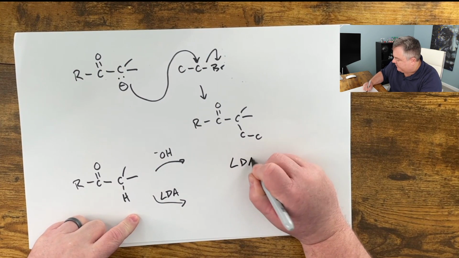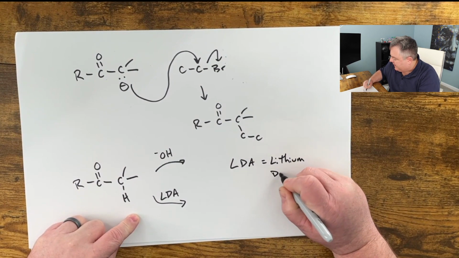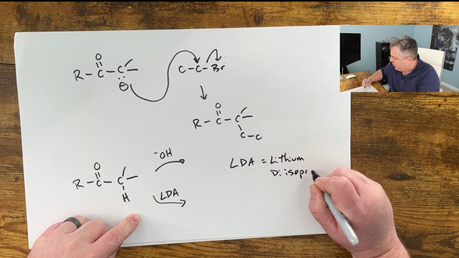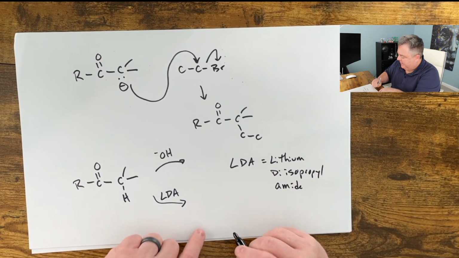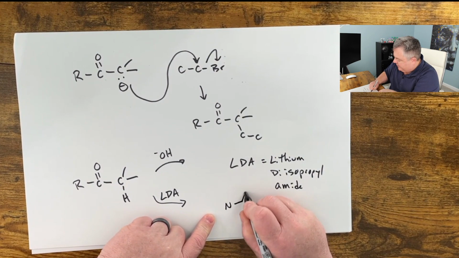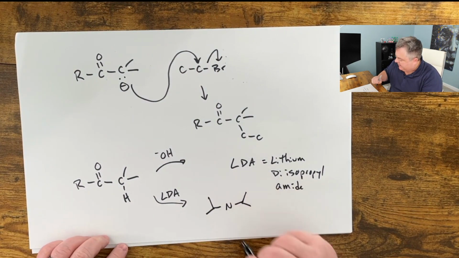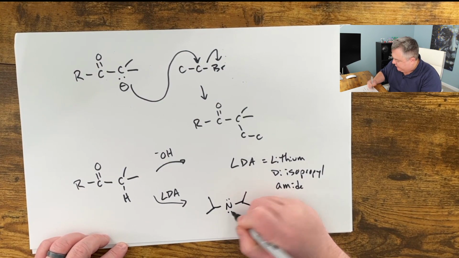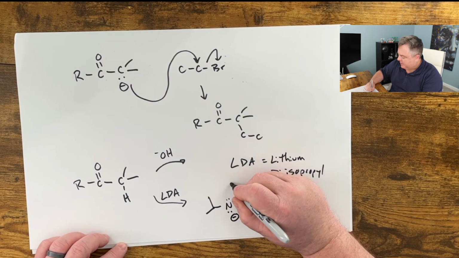LDA is lithium diisopropyl amide. So that's a nitrogen with 2 isopropyls on it. Diisopropyl. The amide part means there are 2 lone pairs of electrons, so this nitrogen has a negative charge.